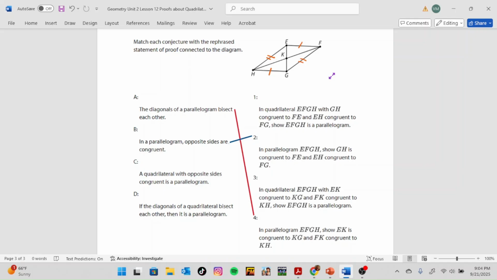That matches with the conjecture: a quadrilateral with opposite sides congruent is a parallelogram. So C is going to match number 1.